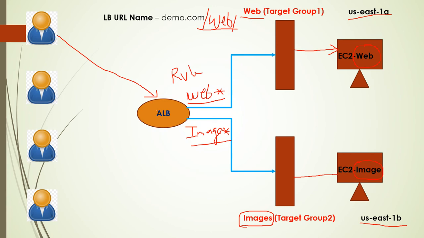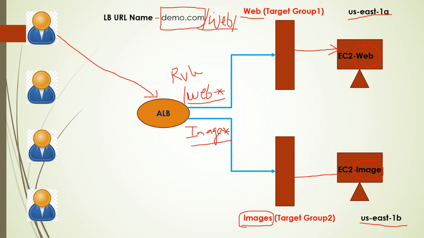The application load balancer listens to the request through the listener, and it reads what the actual information is. So it first reads, okay, demo.com. Yes, I am the demo.com. Then further it reads what your actual request is. So you mentioned web. It further verifies the rules: is there any rule which I have defined for this? In the rules you have mentioned web star.